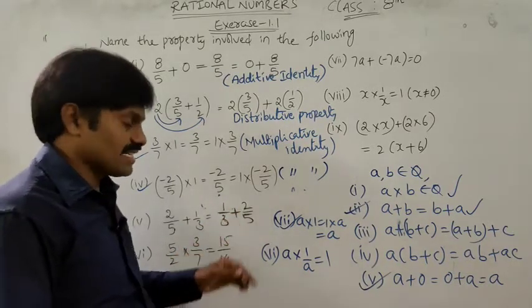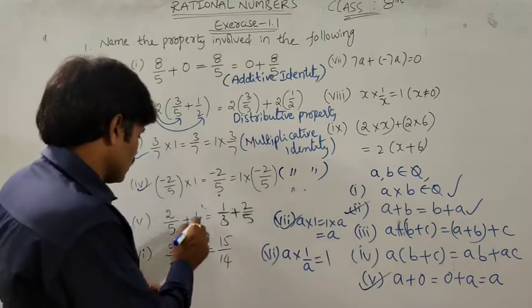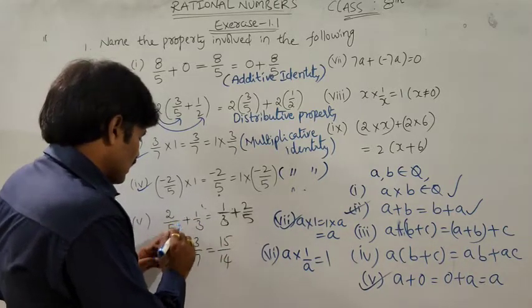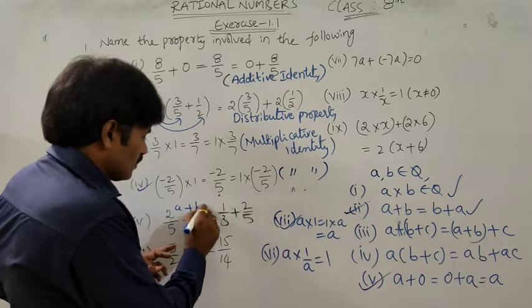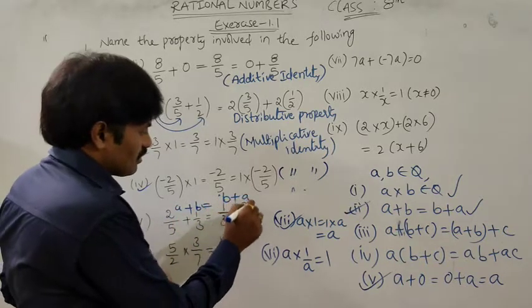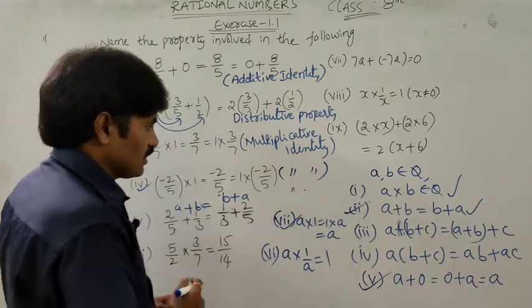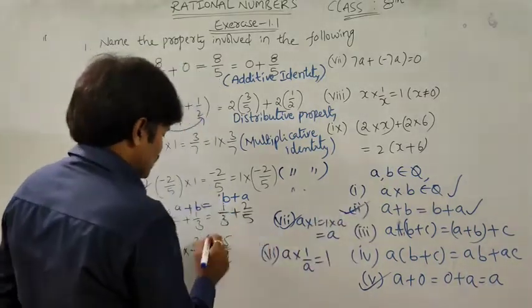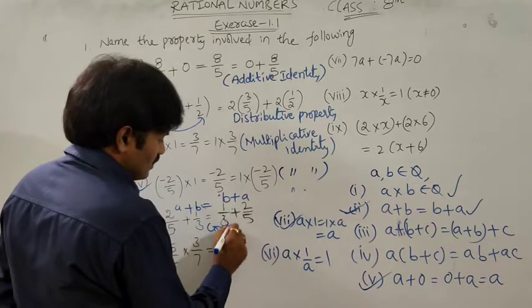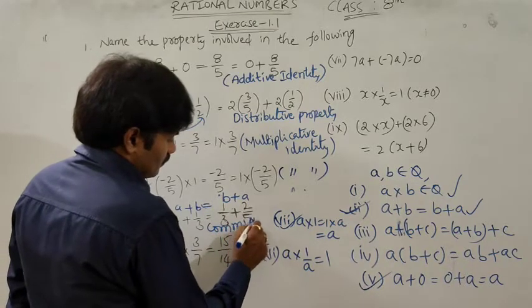It is like a plus b is equal to b plus a. So it is an example of the commutative property.